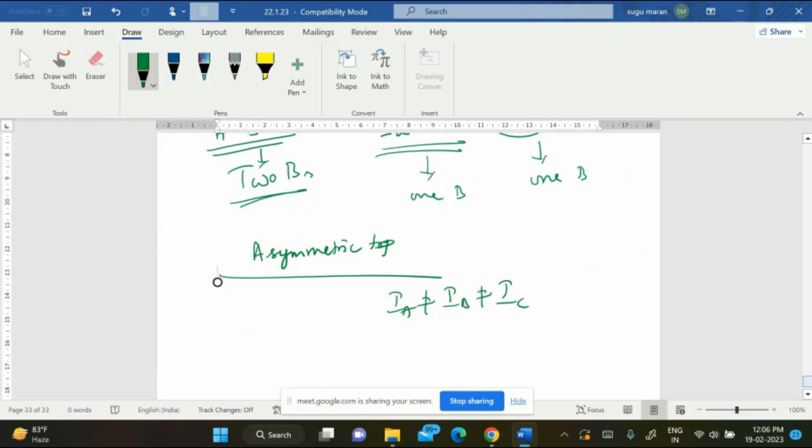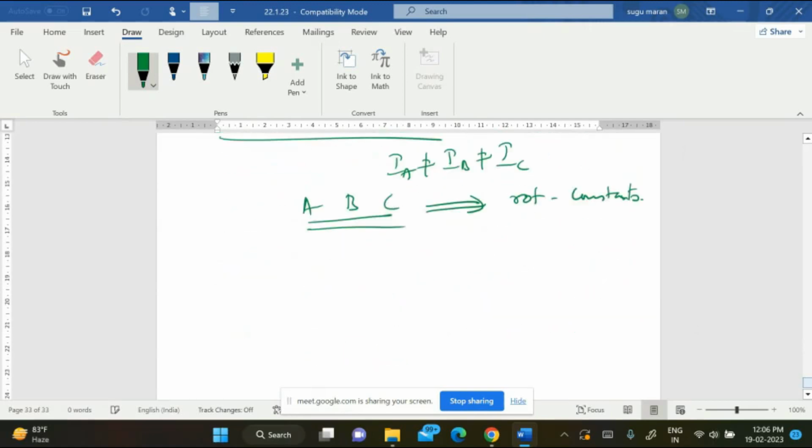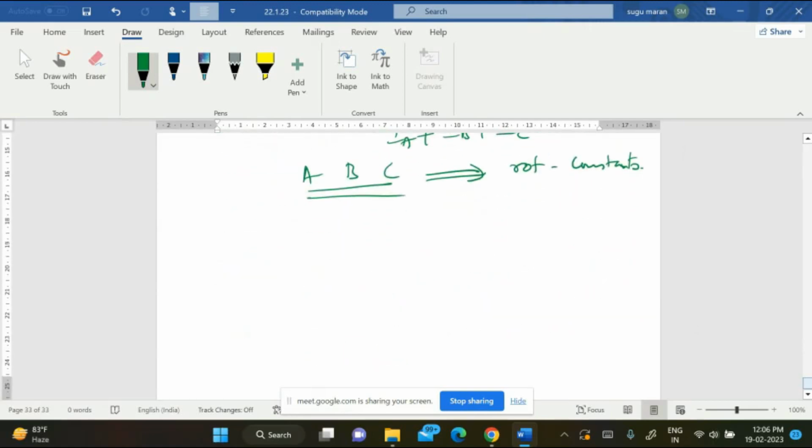You have three sets of rotational constants, A, B, C, for these molecules. Of course, these are tough problems. You'll be given the three rotational constants, and the spectrum is also complicated.